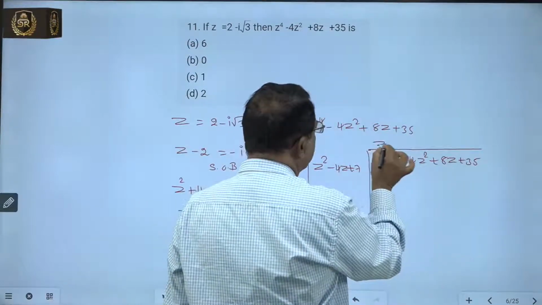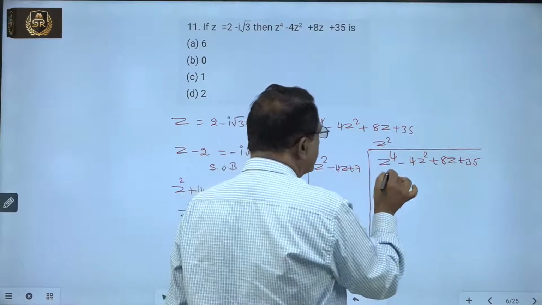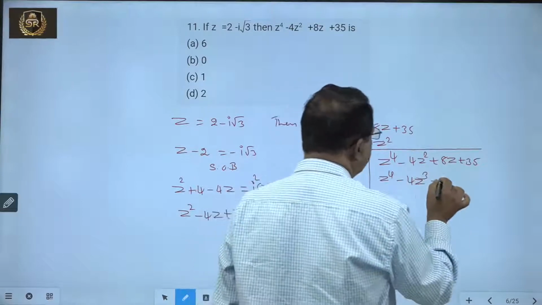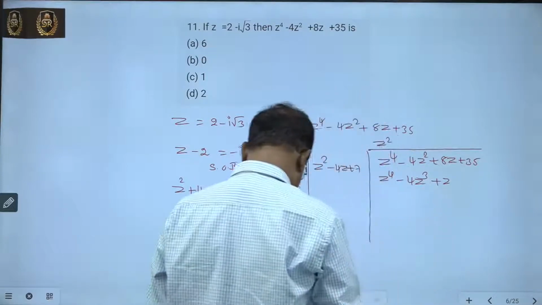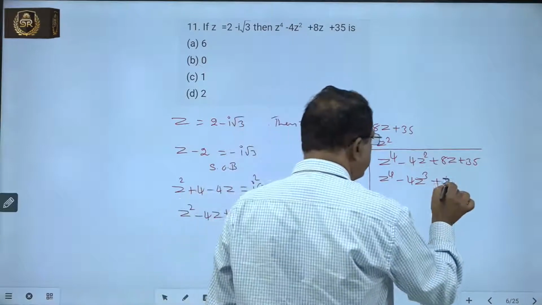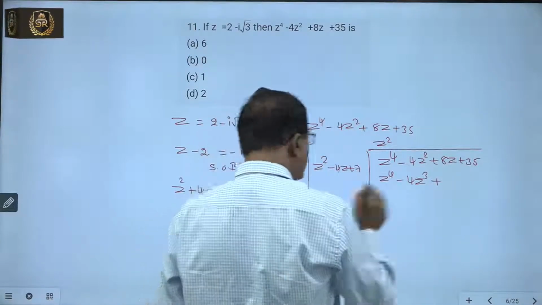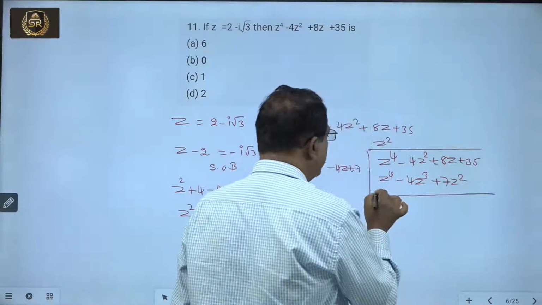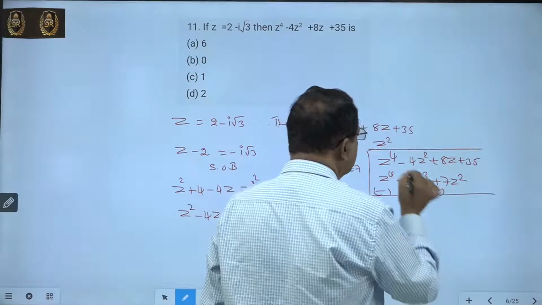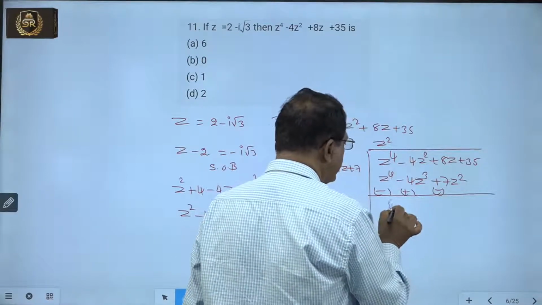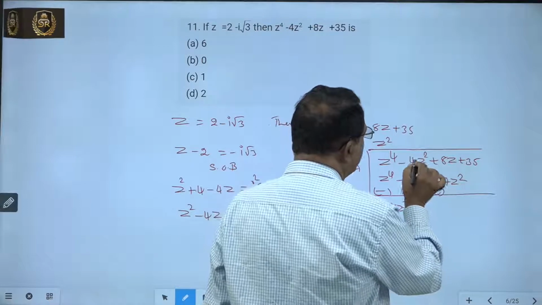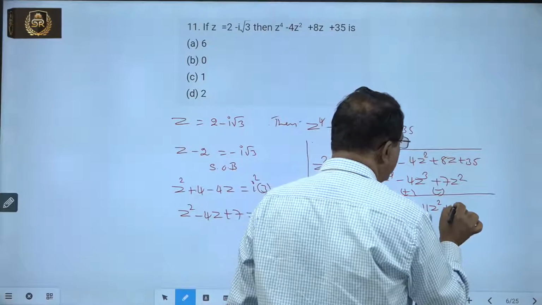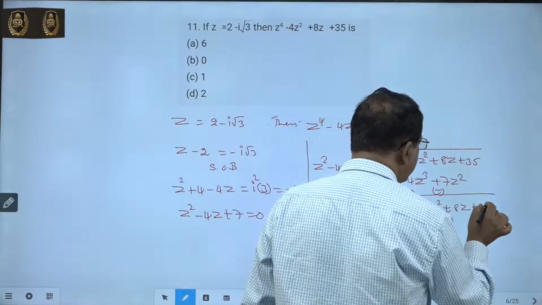First z square multiplied: z^4 minus 4z cube plus 7z square. Now, subtract, minus plus minus, that equals z^4 cancel, 4z cube minus 4z square minus 7z square, minus 11z square plus 8z plus 35.